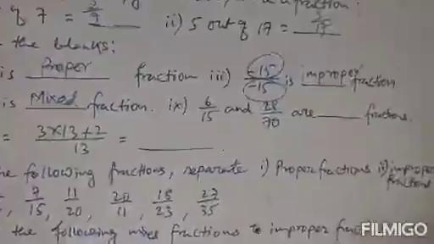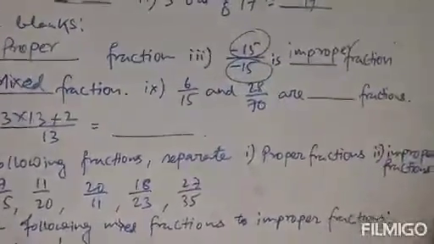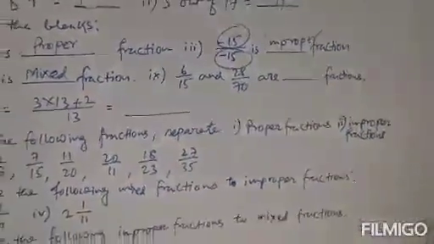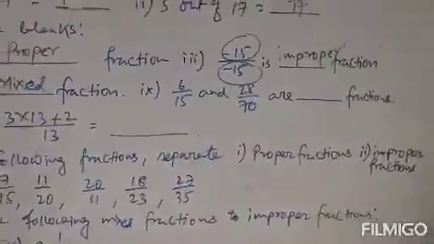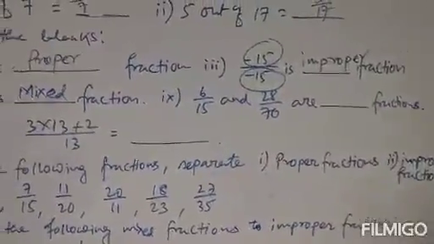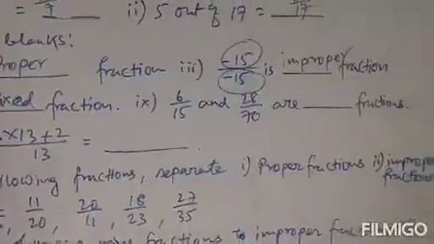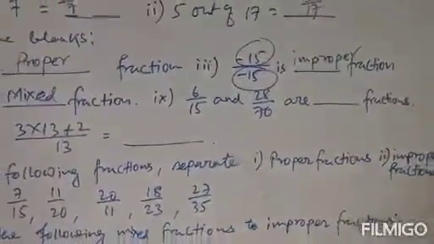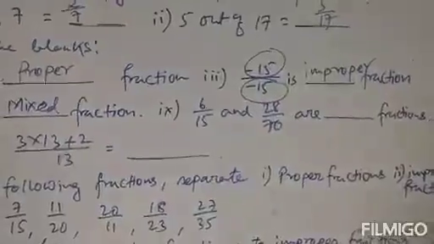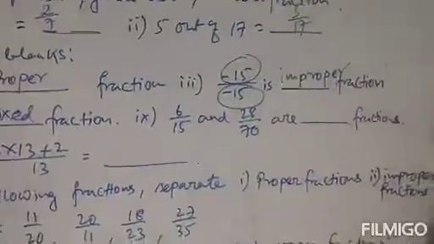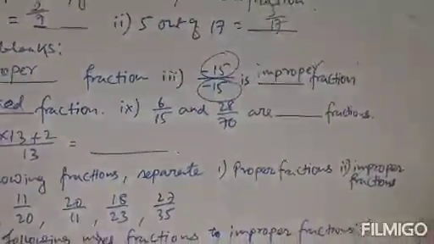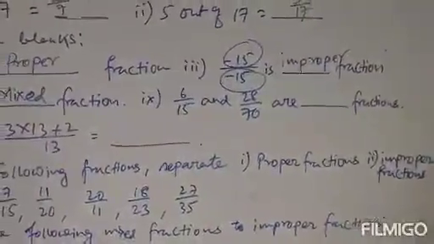6 by 15 and 28 by 70. Look very carefully at these two fractions. One is 6 by 15 and the second one is 28 by 70. Now in 6 by 15, numerator is 6, denominator is 15. That means numerator is less than denominator. Also in 28 by 70, numerator is 28 and denominator is 70.